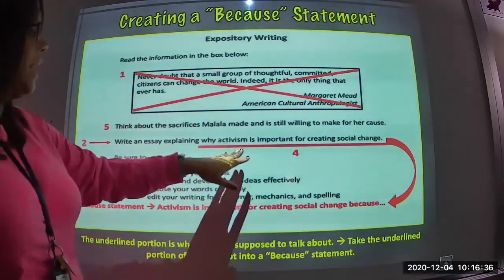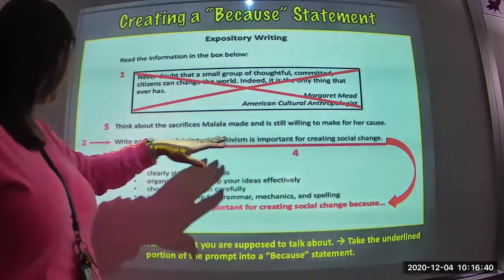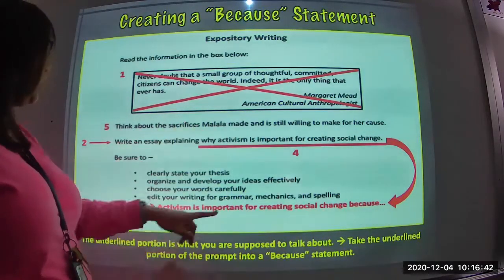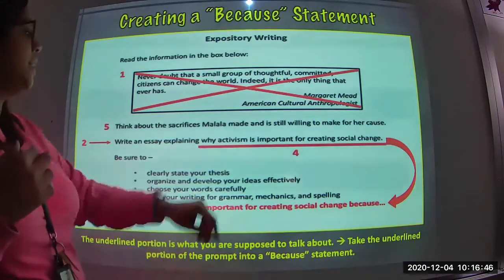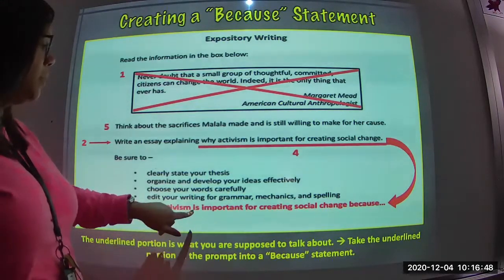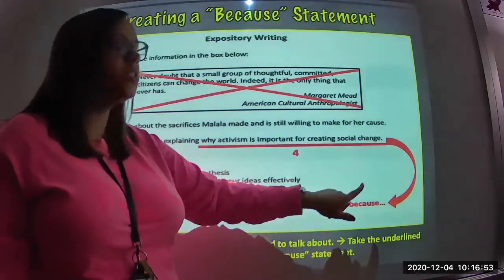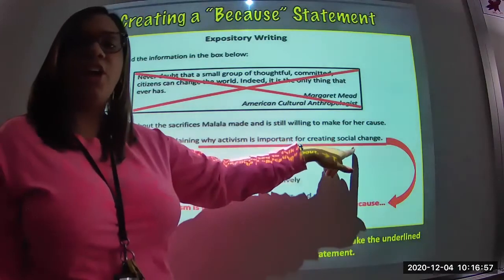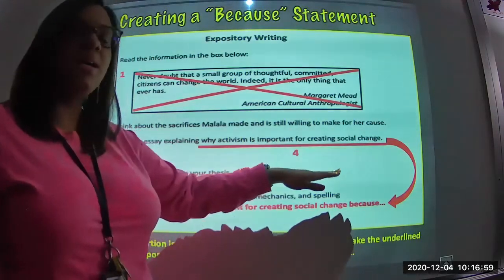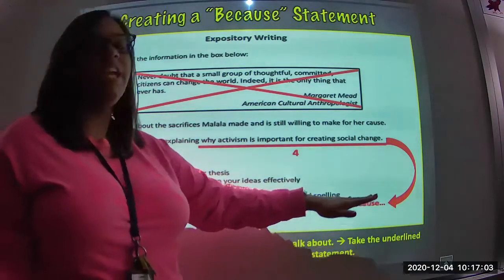So why activism is important for creating social change. How would we go about changing that into our because statement? We have to reorganize it. Activism is important for creating social change because. Notice that we use the exact same words that are here and just added that because.